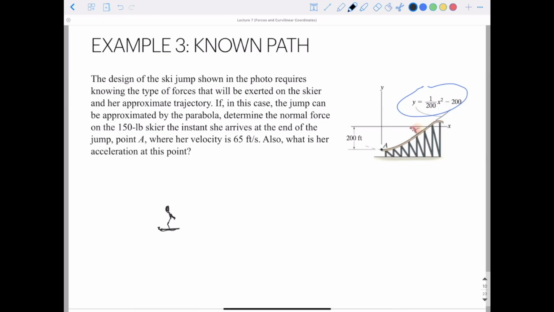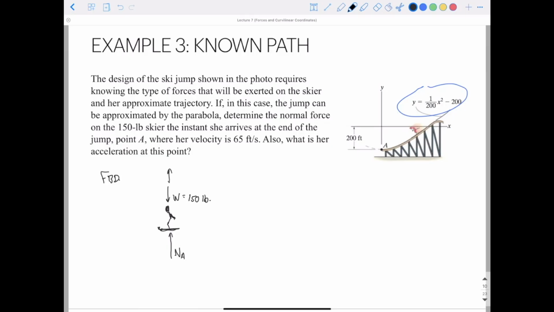The forces acting on that skier are a normal force, call this N_A, and the weight of that skier, which is 150 pounds. Remember that pounds is a force. So we already have our weight, it's given to us, 150 pounds.